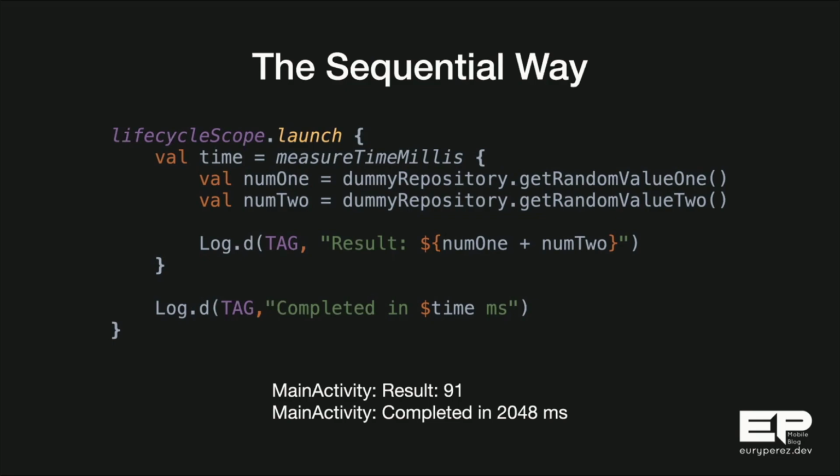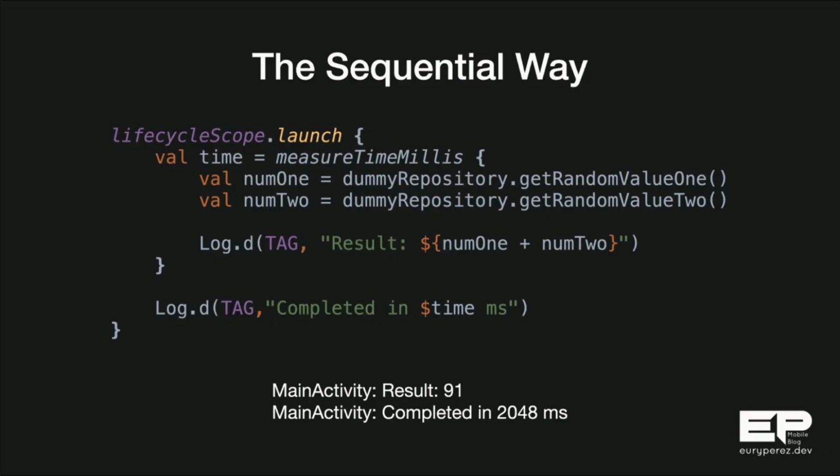We can see down in the logs that the result was 91, the sum of the two random values that were generated. And you can see that it completed in 2048 milliseconds, so 2 seconds, a little bit more.